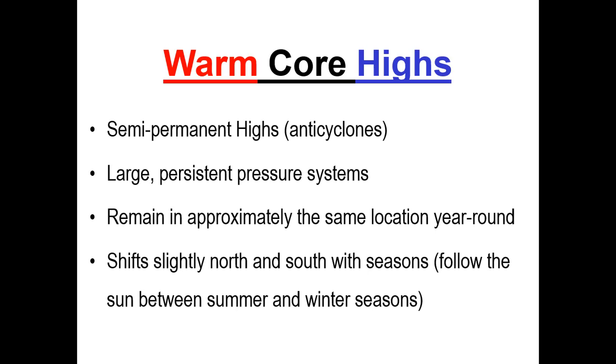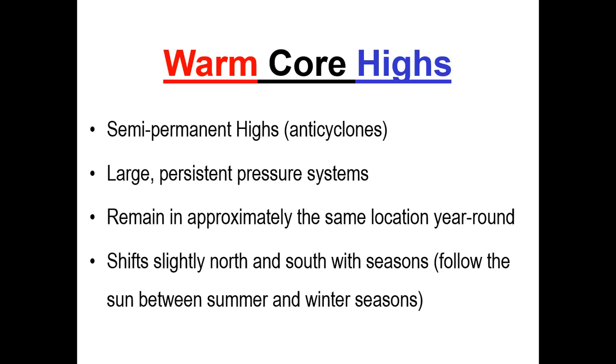I mentioned that they form over tropical and subtropical regions. When I'm talking about subtropical regions, I'm generally talking about the latitude of 30 degrees. It can be 30 degrees north over the ocean or 30 degrees south over the ocean.